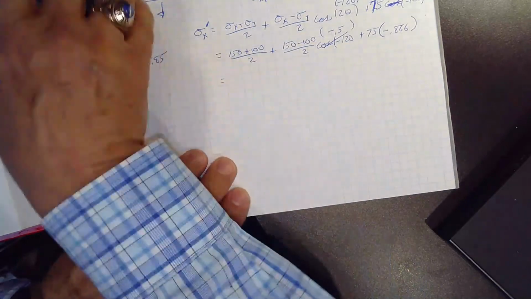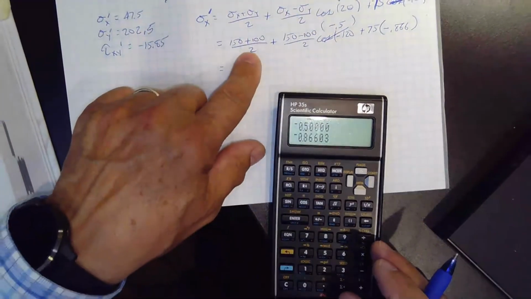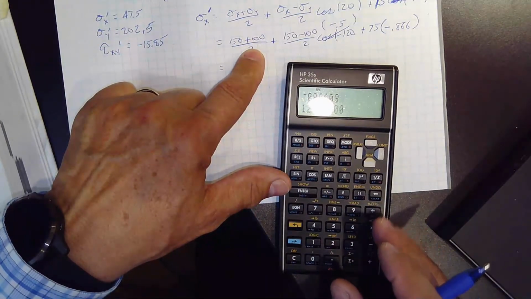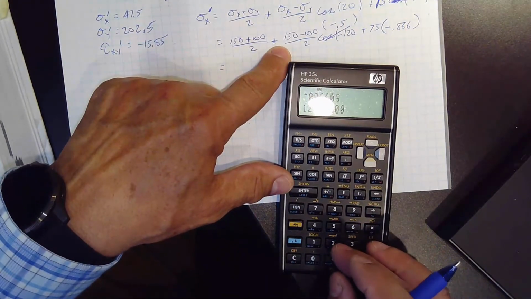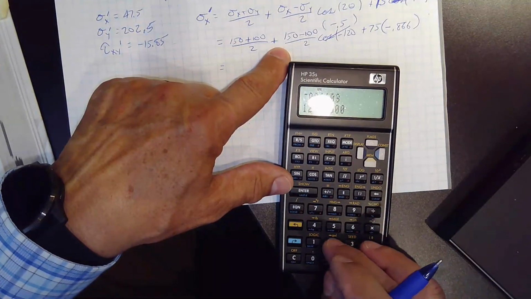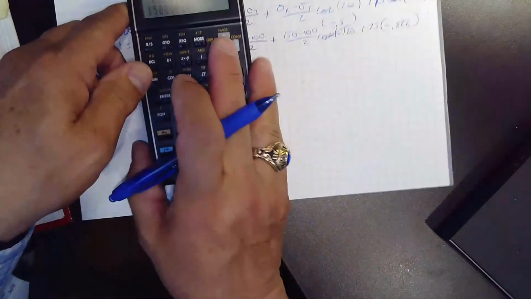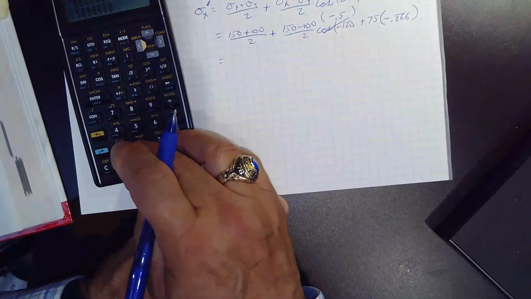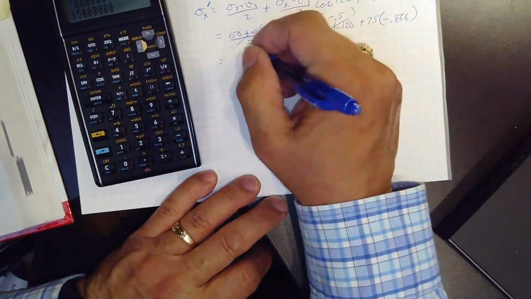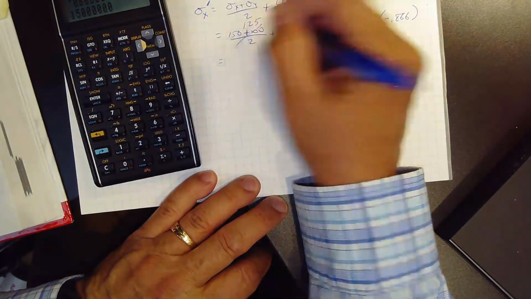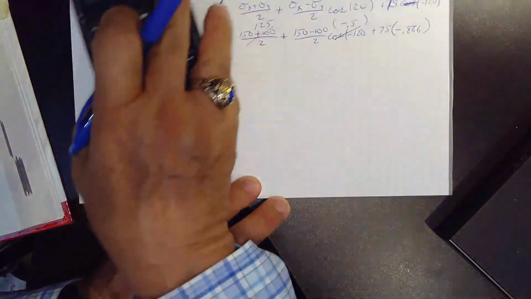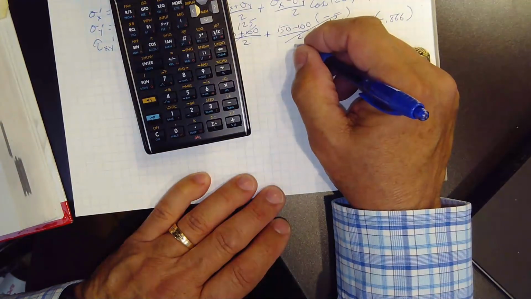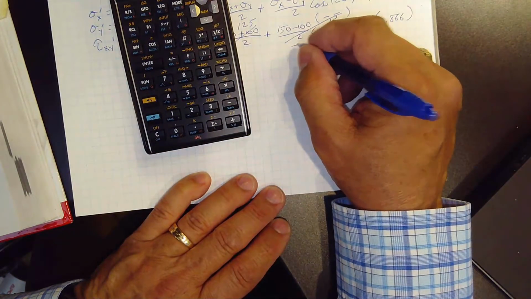So let's do this. 150 plus 100 is 250, divided by 2, that's 125. 150 minus 100 is 50, so that becomes 50 times minus 0.5, which is minus 25.